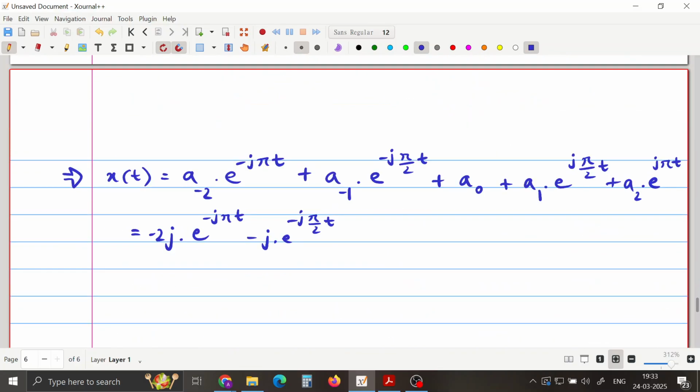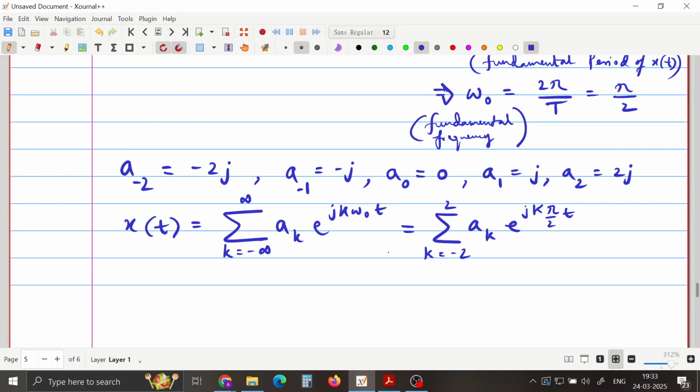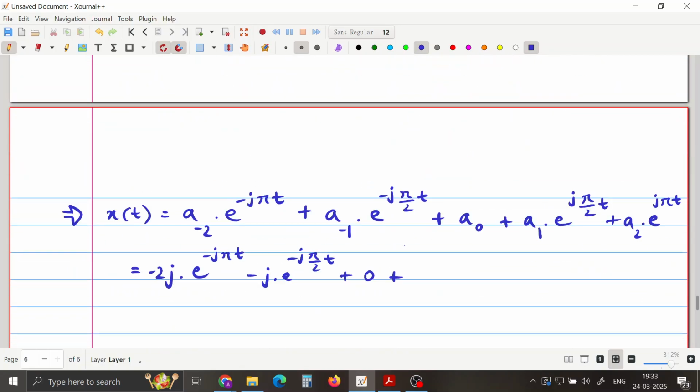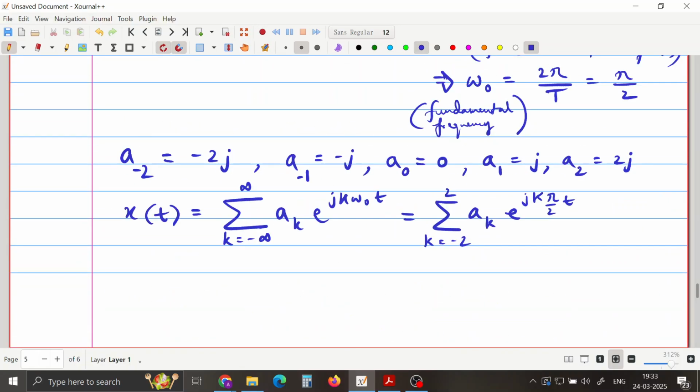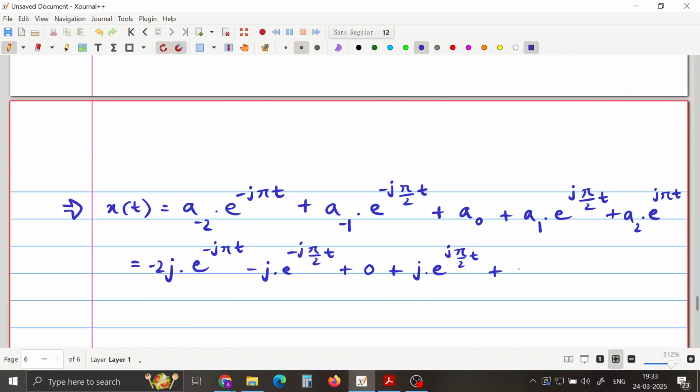A naught was 0, so nothing here, plus a1, a1 is plus j, so j into e power j pi by 2 into t, plus a2 is 2j, so 2j into e power j pi t.